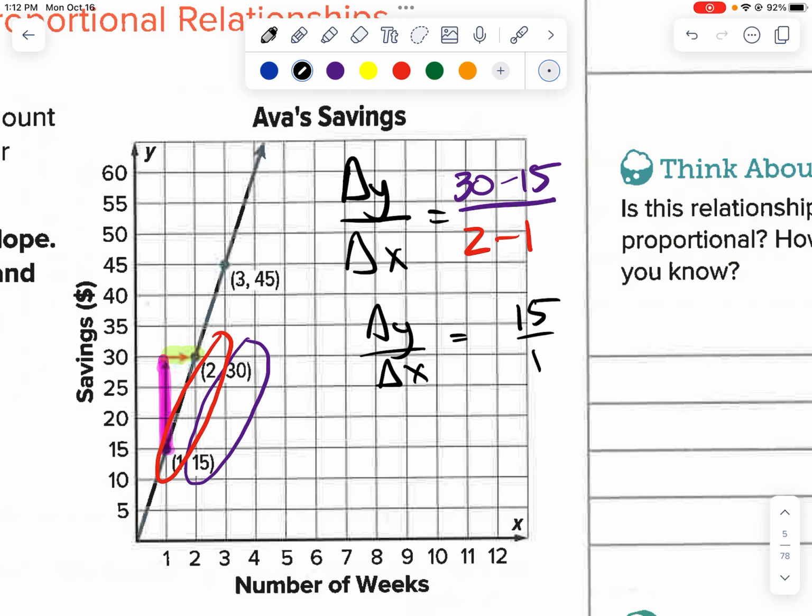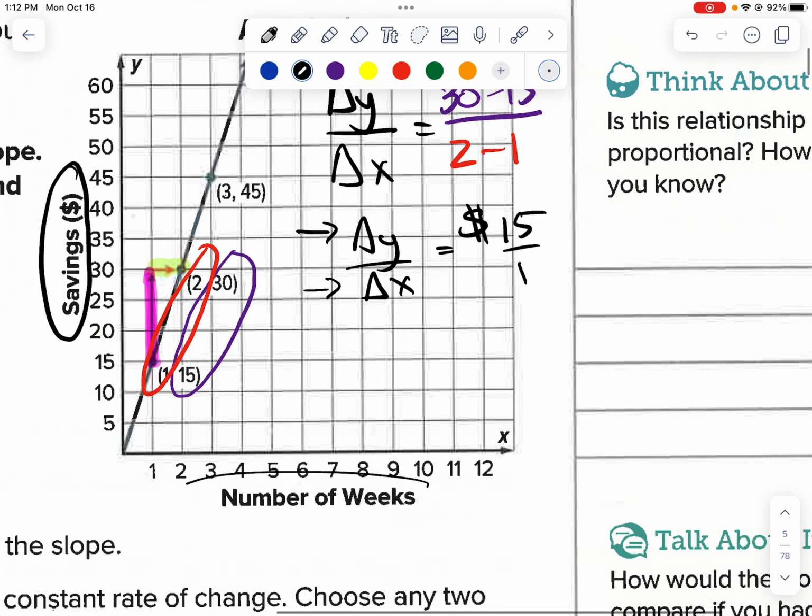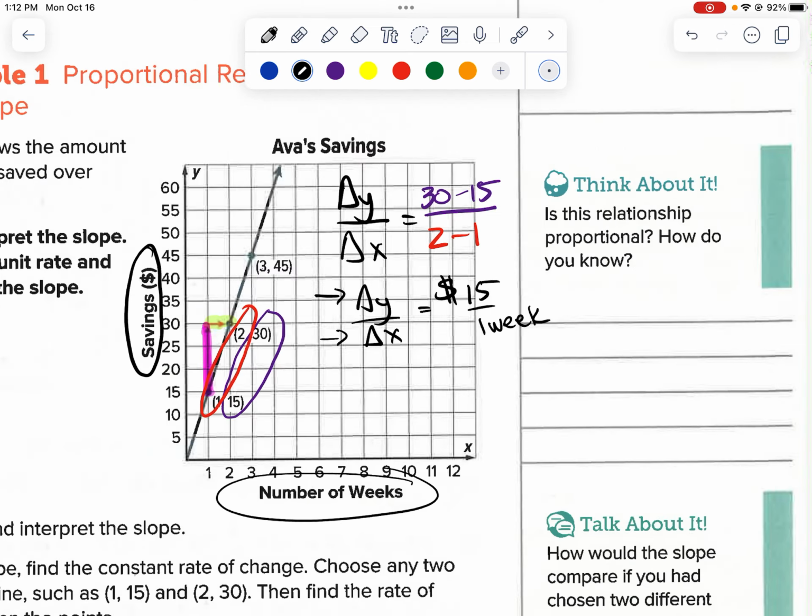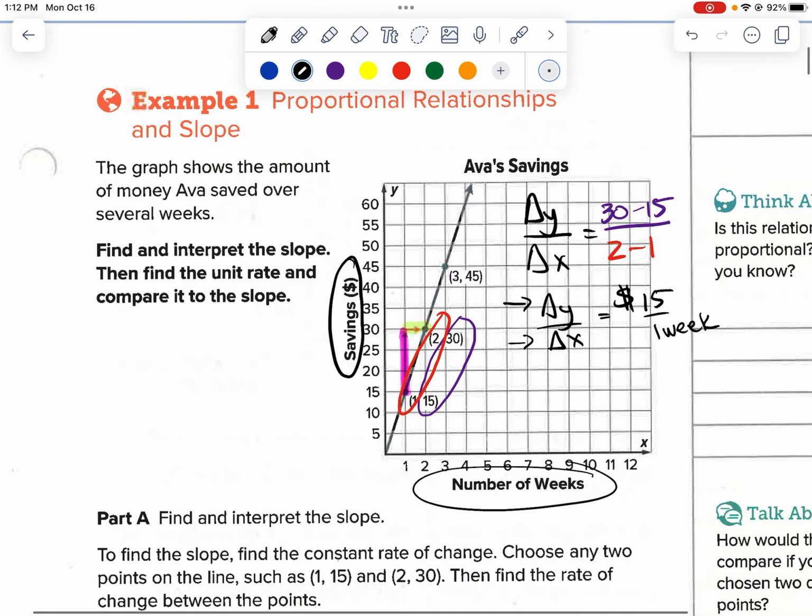But 15 what? It's talking about the change in y. So I'm going to look right here. It says savings. It's talking about money. Then when we talk about the change in x, I come down here. It says number of weeks. $15 per 1 week. So now let's look and see what this is actually asking about.